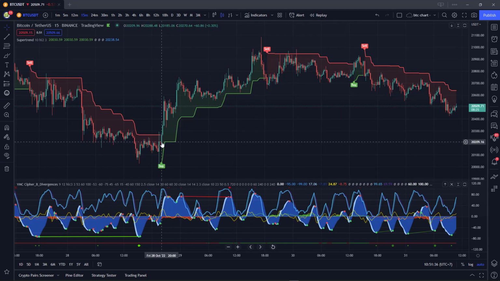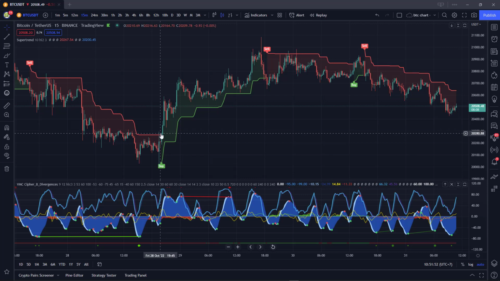Now then, look at that. Obviously this buy signal here would be printed. It would pop up with a buy, not down here. That would obviously be the best place to buy, but nobody knows that is the bottom.